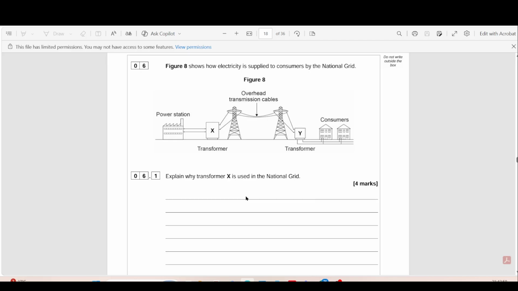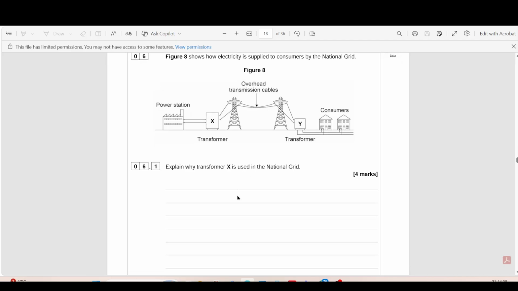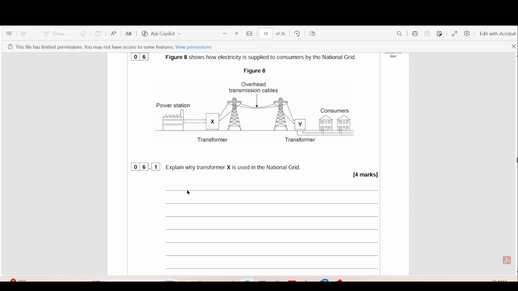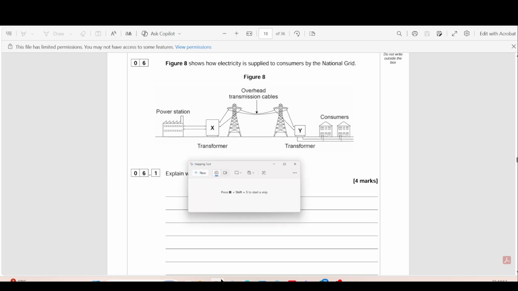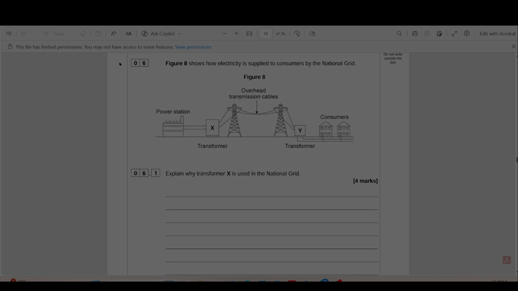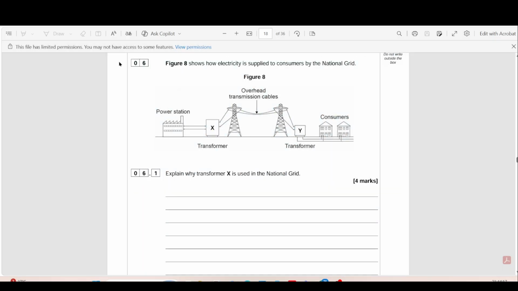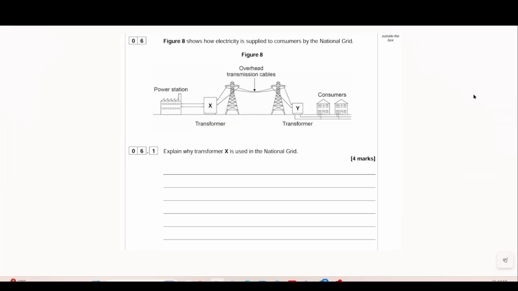This reduces thermal energy losses and makes the overall transmission of electricity much more efficient, because the energy wasted as heat is reduced, which increases the efficiency, right? Yeah. So let me give you time to write what you have to write. I did it. Did you write it?